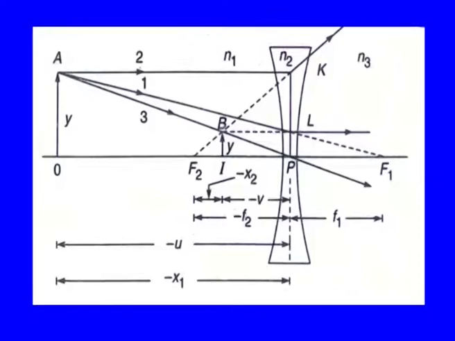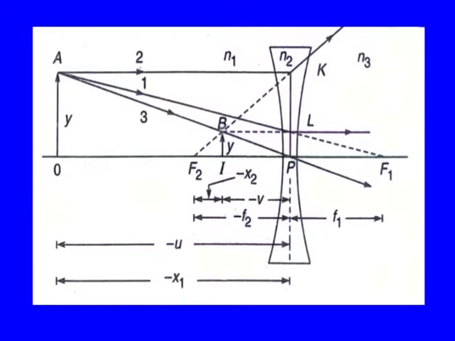Consider this picture. To obtain a relationship in this case, let us first fix up the distances. Consider the distance, for example, x2, which is the distance of the image from the focal point F2. Usually your object distance u is the distance of the object from the center of the lens, and the distance of the image I from P is again from the center.